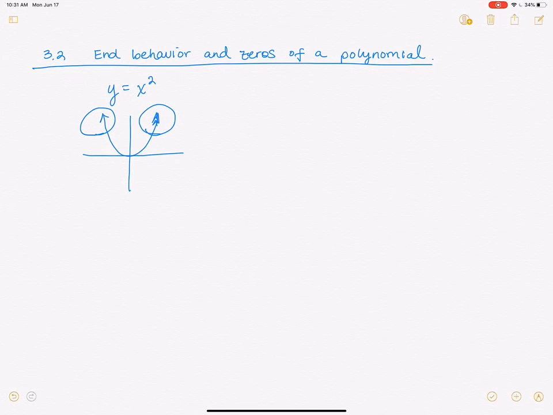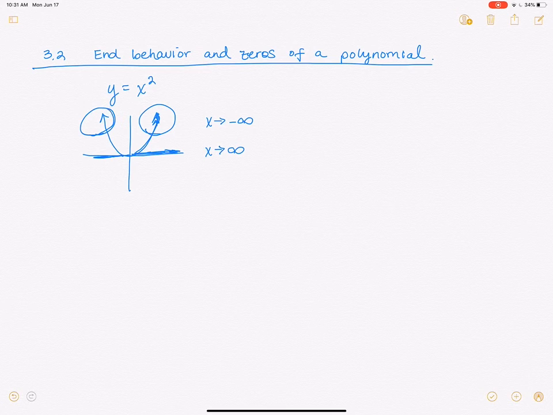And so the notation I'm going to use here is I want to know what's going on as x goes to negative infinity. So as x goes in that direction, what's going on with the polynomial. And I want to know what's going on as x goes to positive infinity. So as x goes this direction, what's going on with the polynomial. All right, so we're looking at the end behavior, like I said.